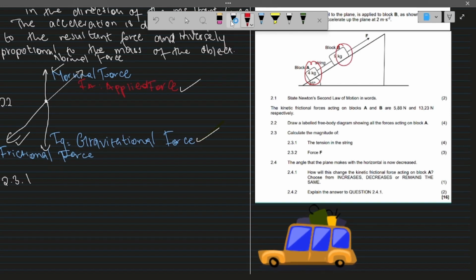So what you do is simply look at one specific object. In this case, I'm going to choose object A. You only solve for it, because if you try to solve both objects at the same time, these questions are going to be tricky and you're going to get dizzy. So look at the specific object and then solve for its forces. So we take object A.